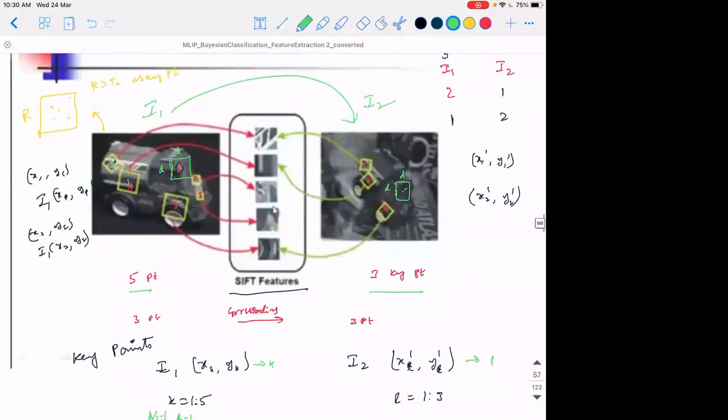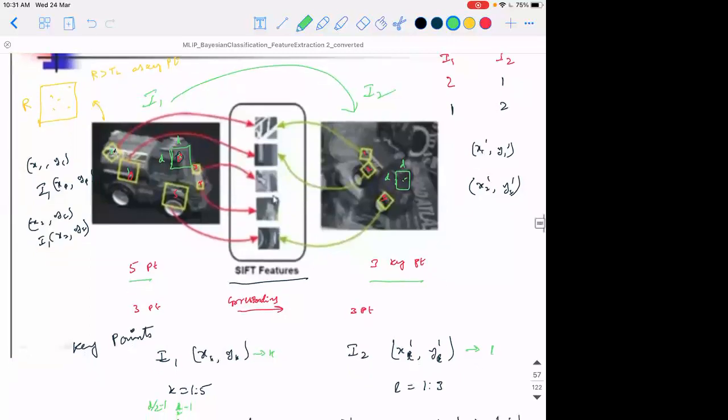Assume that here is a black truck, or some green truck, and here is a red truck. I want to match them. I just want to find out whether the truck is there or not. In that case, both are trucks, yes. Now, which feature should I use?